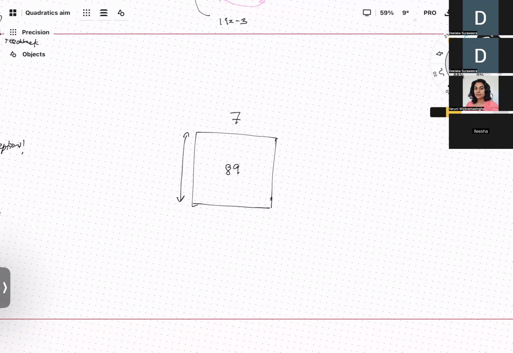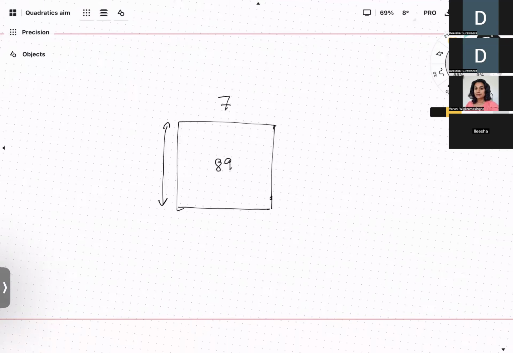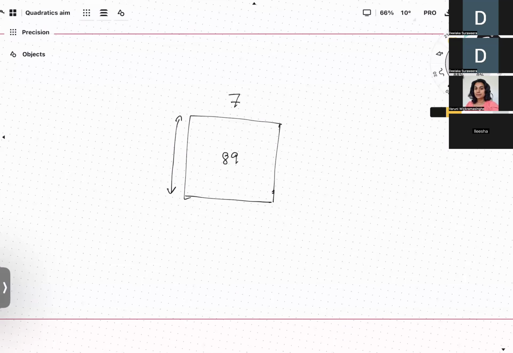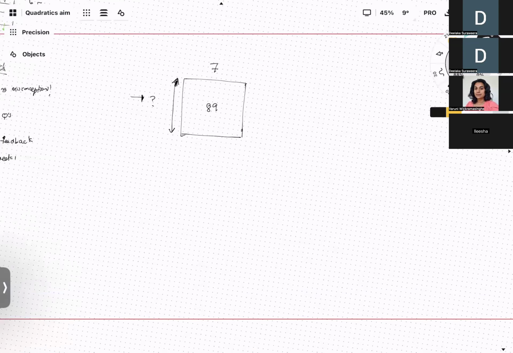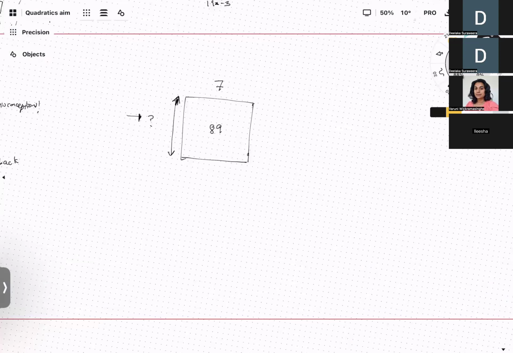We have this rectangle where one side is 7 and the other side is unknown, but we know the area is 89. If I ask you to find this side, where does it come from? 89 divided by 7. Yeah, you can do it without algebra.